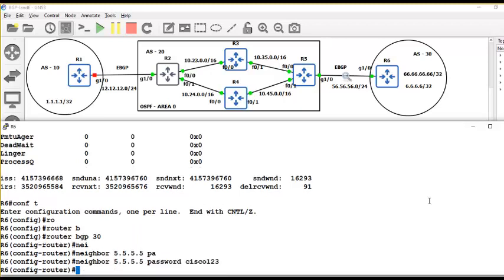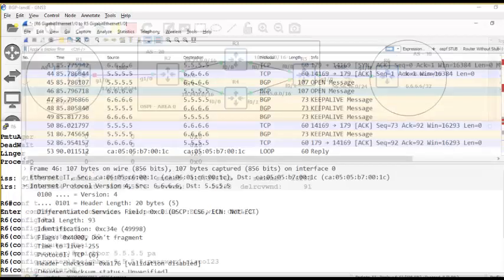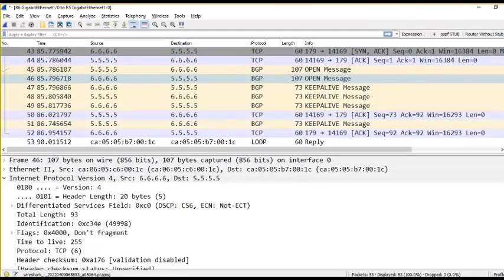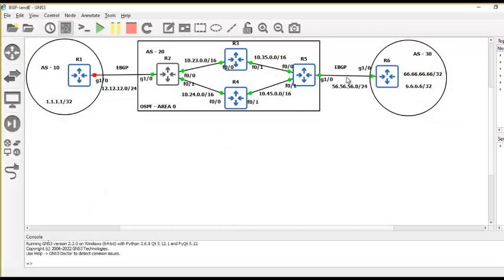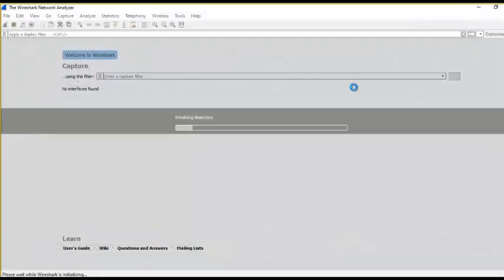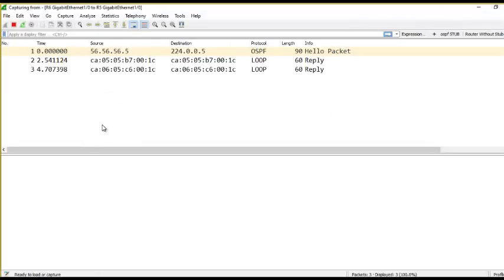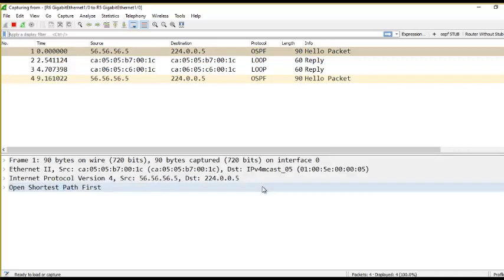Now if you see the packet capture, the packet that is coming from 6.6.6.6 needs to have some hash values, authentication enabled.